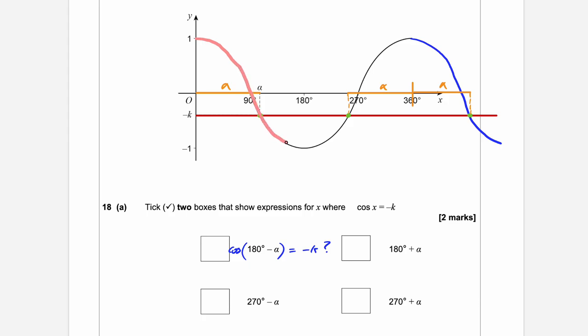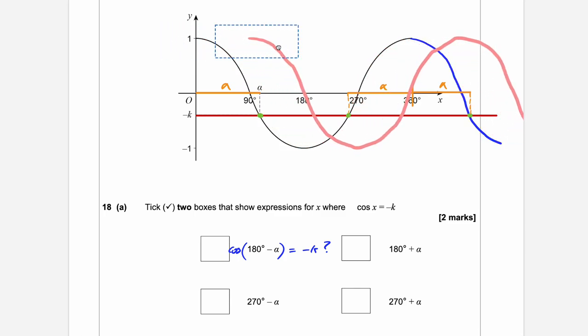I'm just going to copy this cos x curve like this, and then I'm going to move it, because sine x is actually this. Sine x is very like cos x, except it's translated 90 degrees to the right. So this is y equals sine x.